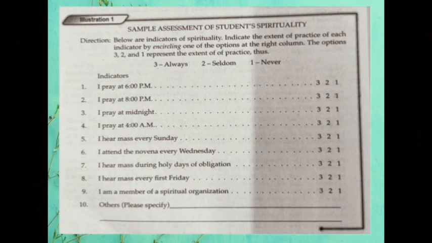Suppose there are 50 teacher education students in a certain university who answer the questionnaire on assessment of students' spirituality. So the assumed results per indicator are as follows. This is the mean interpretation.